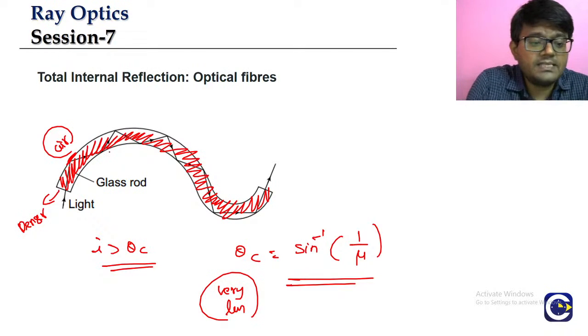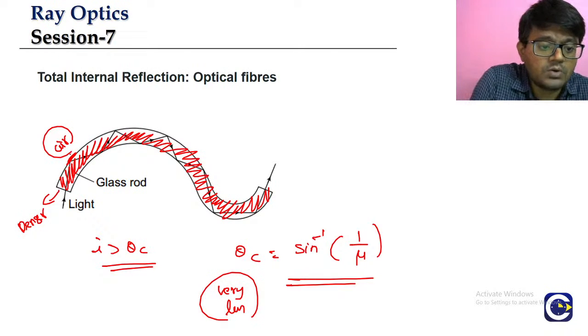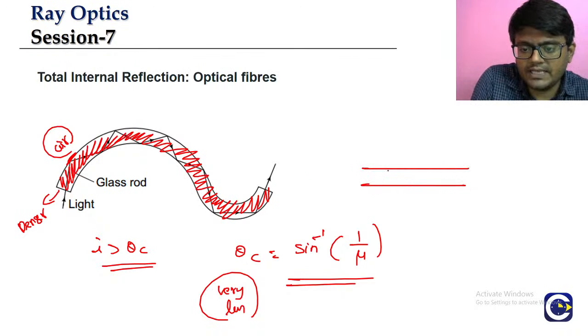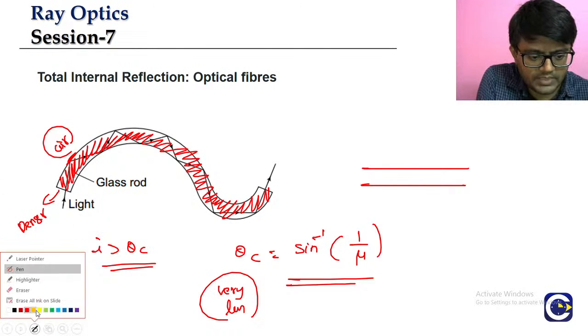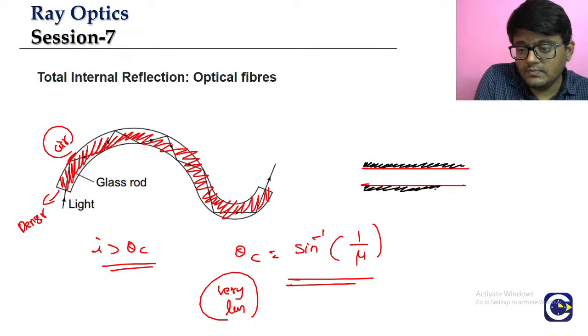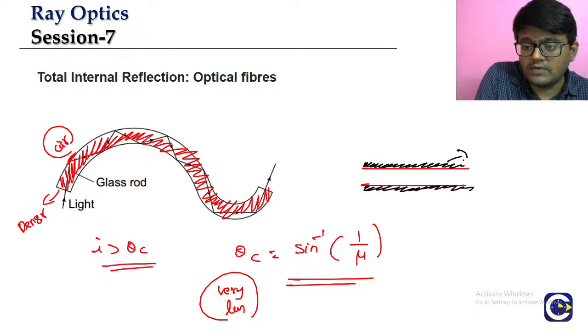Sometimes the optical fiber will also have some outer covering. Generally, you have a fiber material like this, and you will have an outer covering. The material of the outer covering will be optically rarer.